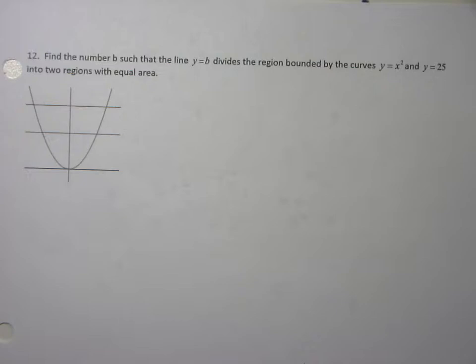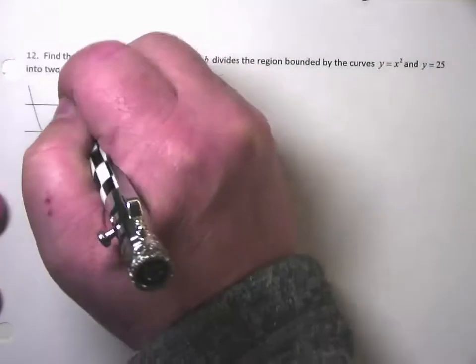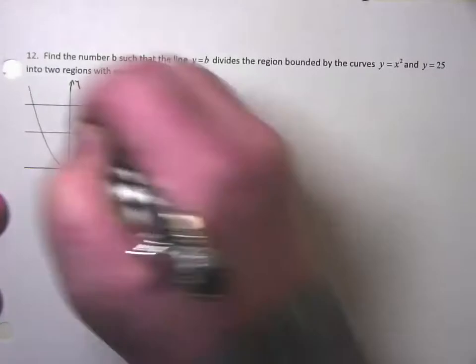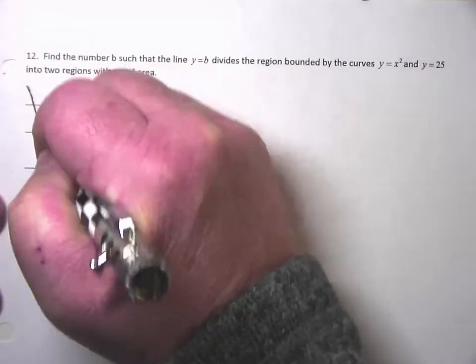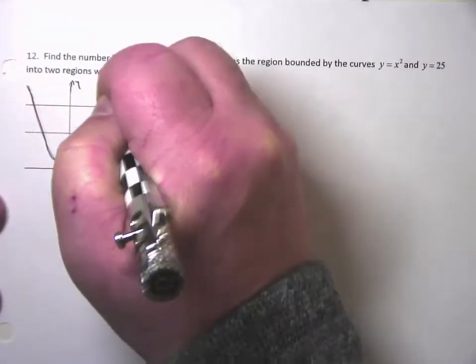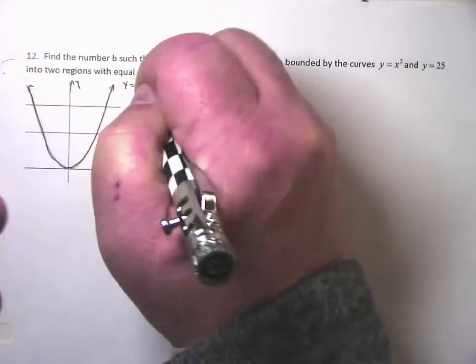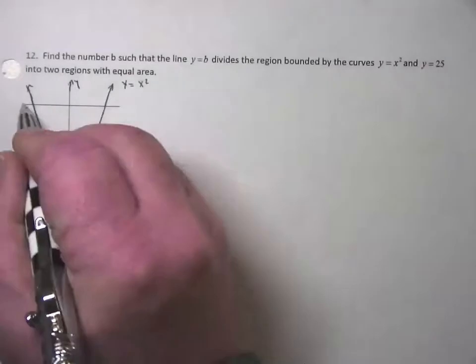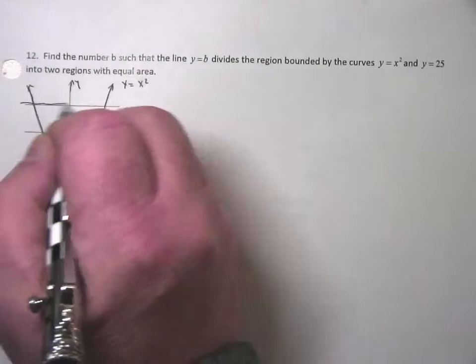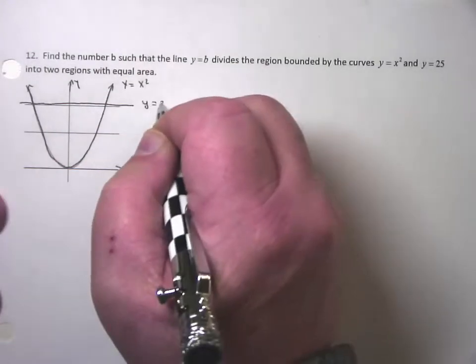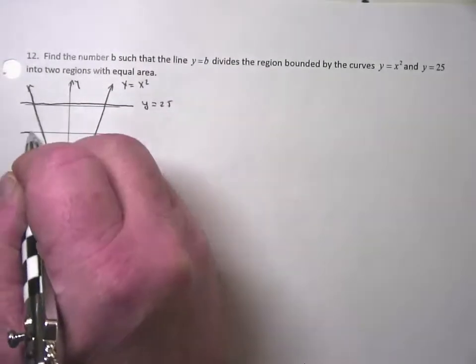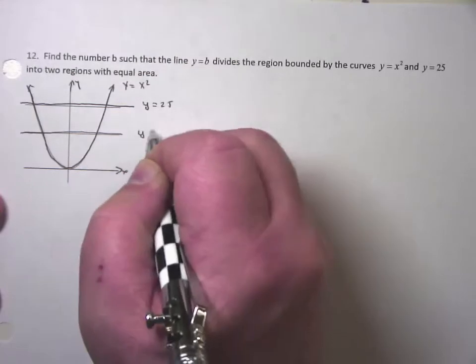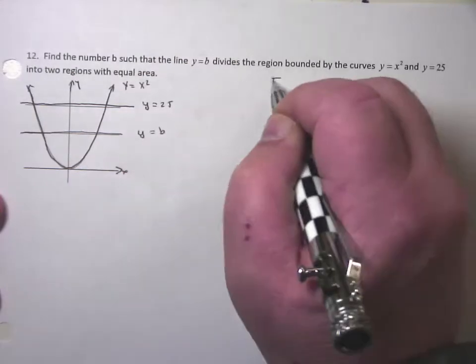So again, I drew a picture for you. Here's your y-axis. Here's your x-axis. Here is your parabola, y equals x squared. Y equals 25 is on top. This is the line y equals 25. You're supposed to find this line, y equals b, and our job is to find b.